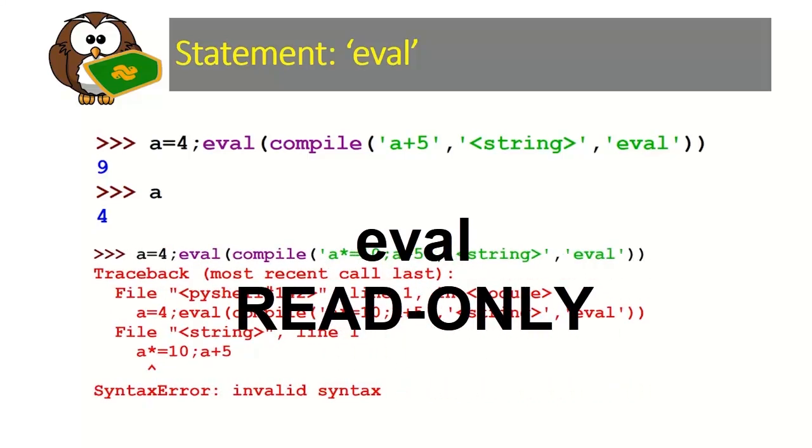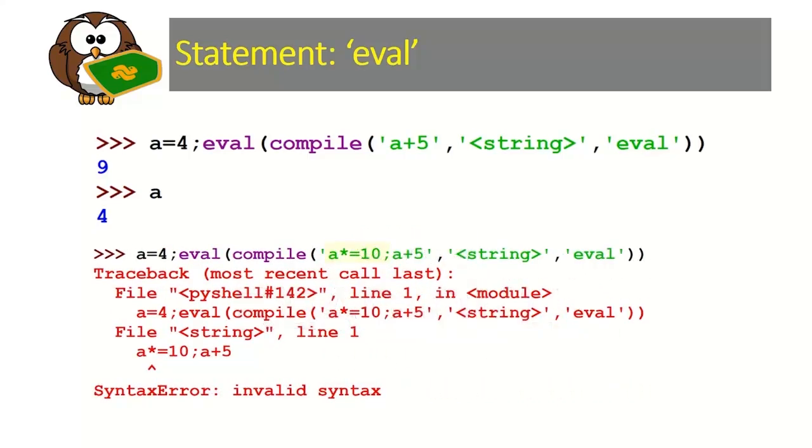However, if we try to assign something or create a multiple statement, you can imagine that assigning things would actually change our environment. So we're going to throw an exception, and our syntax error tells us a lot, just like we saw previously, of where the problem is. In this case, actually trying to assign something rather than simply returning a result.